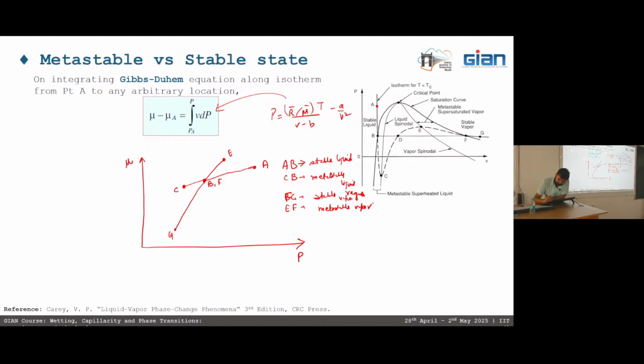We also see that C and D in this curve are also joined. So CDE can be given here, and this is your D point, CDE.